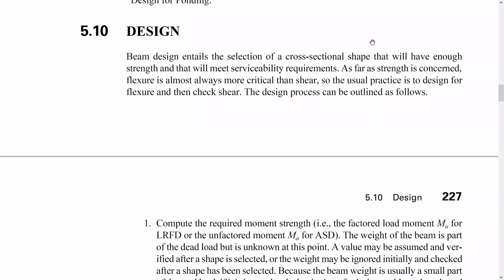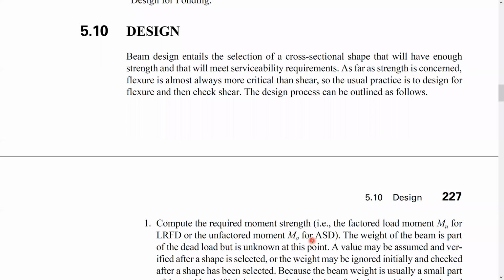So to design, or let's say the steps to design a flexure element, let's see these points here. The first step is to compute the required moment strength. Means we have a loaded beam, so for the LRFD method, Mu here, which is the maximum moment, needs to be checked, and for the ASD method it's Ma for service load.